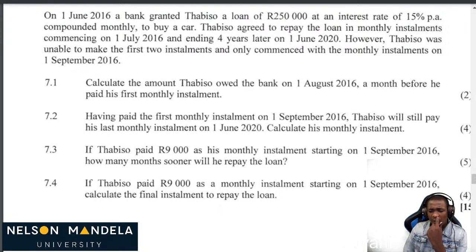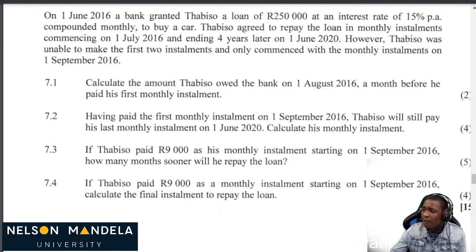Compounded monthly means a year has 12 months. So whatever the number of years you are given, we have to multiply by 12 because it is compounded monthly. But okay, let's proceed.